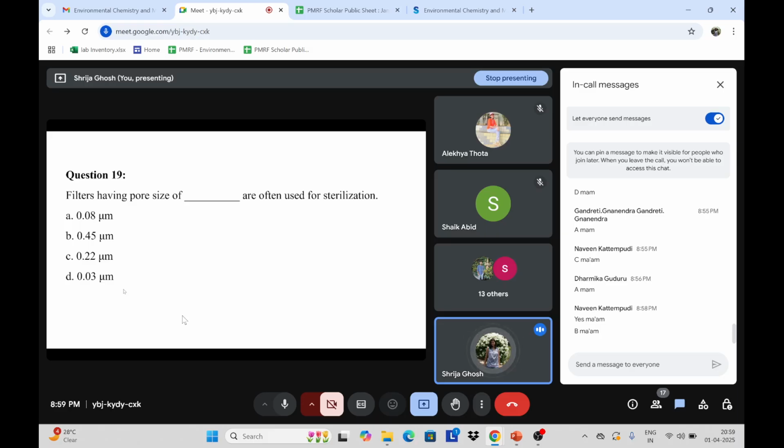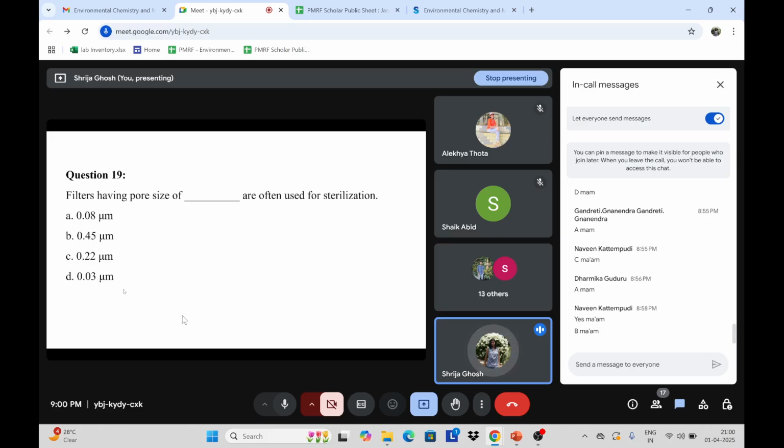And option D, 0.03 microns. What should be the pore size of filters for sterilization?